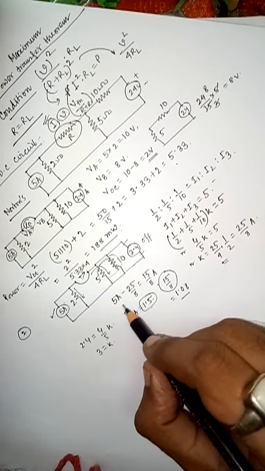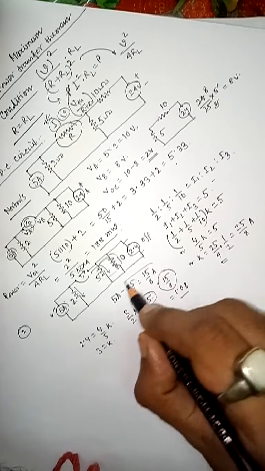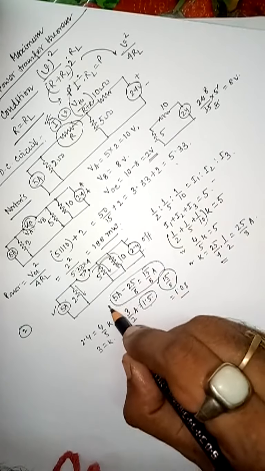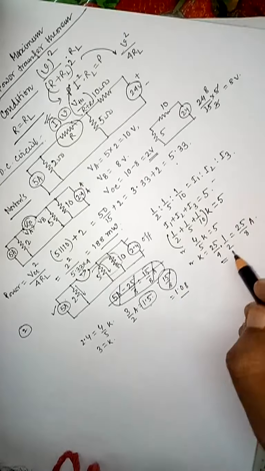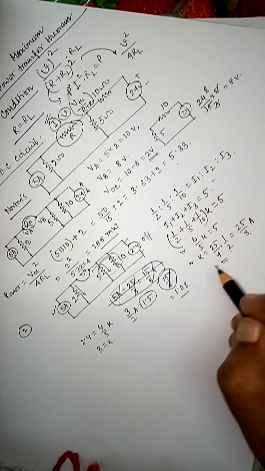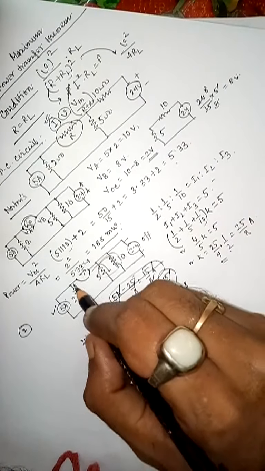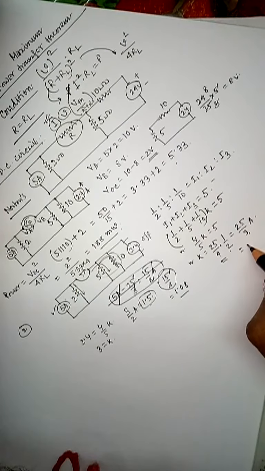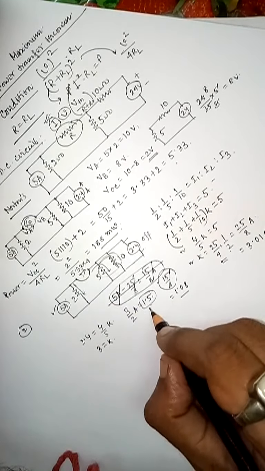So it is 25 by 8. Actually the current flow here, I did a little bit mistake here, so it should not be there. So actually that is 25 by 8. So here this current is actually 25 by 8. So if it is 25 by 8, it should be 3.01. So approximately it is 3, and that current flow here it is 1.5.